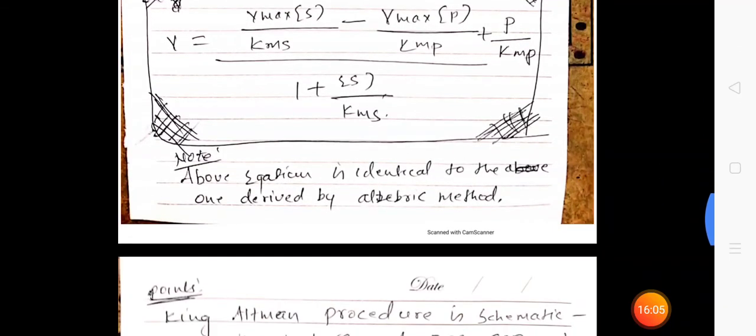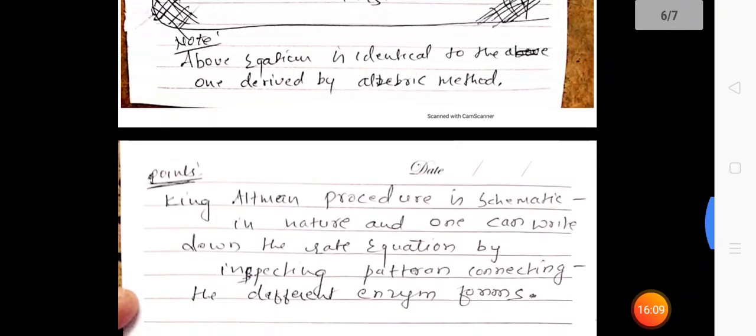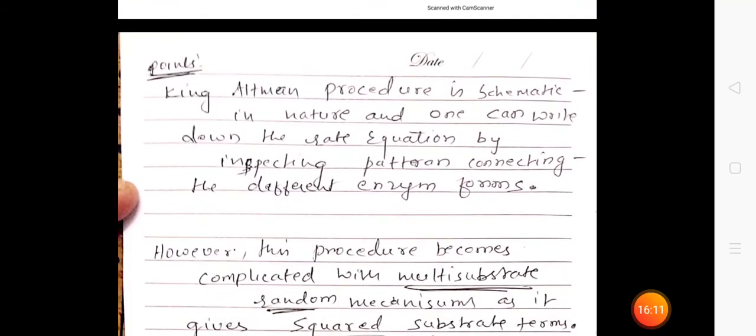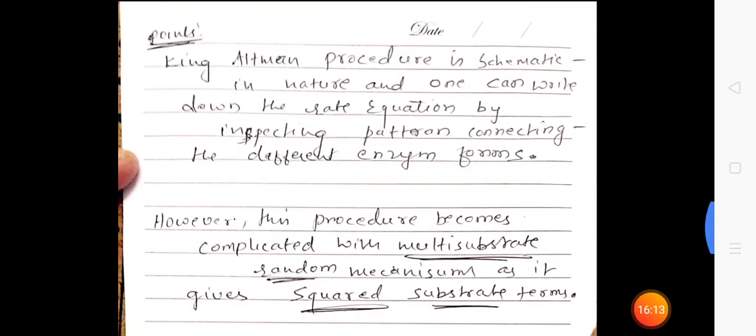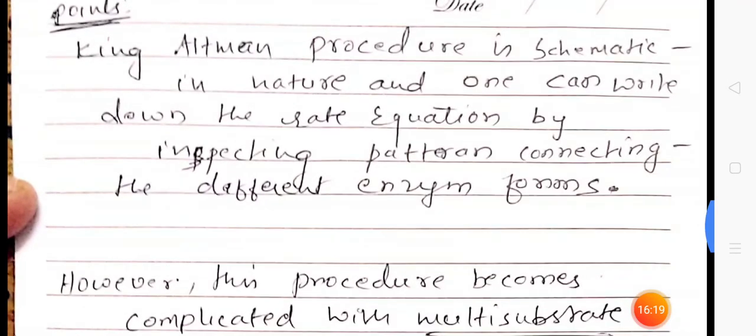You can see this equation is derived by the algebraical method, and this King-Altman procedure is schematic in nature. One can write down the rate equation, or determine the rate equation, by inspecting the pattern connecting the different enzyme forms.